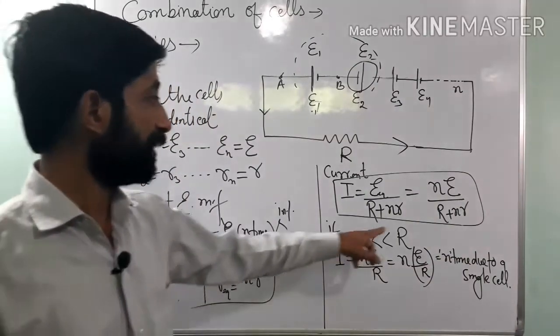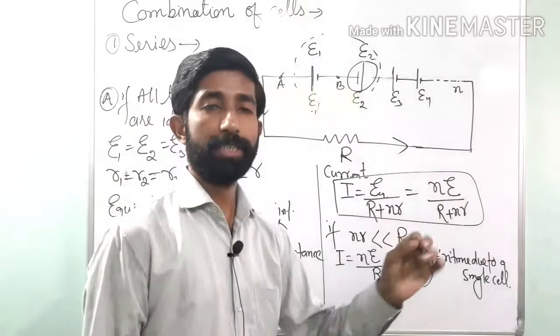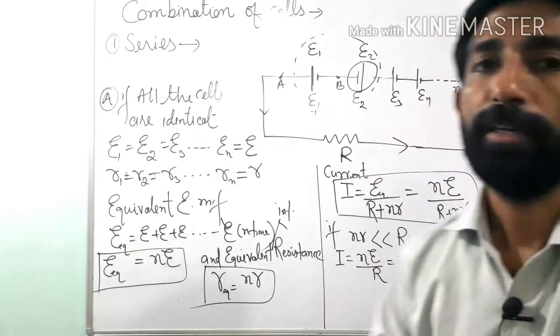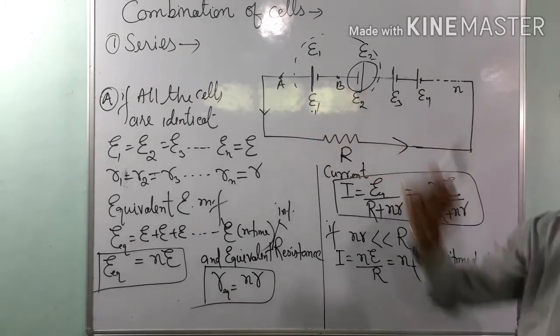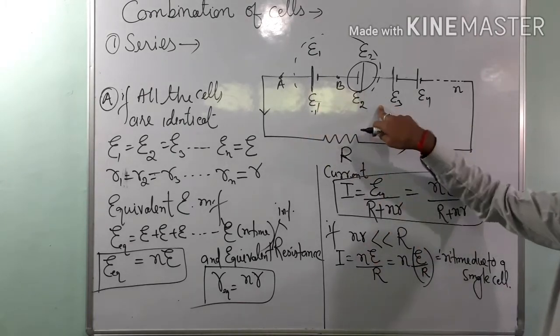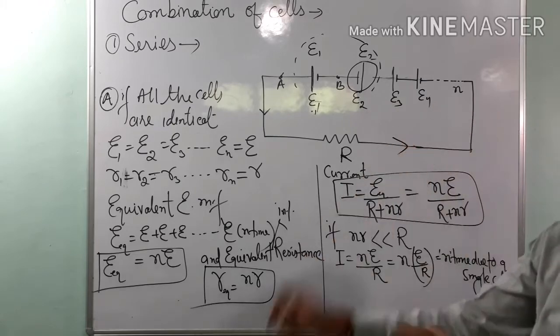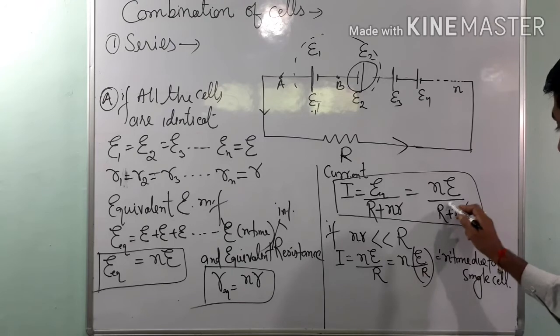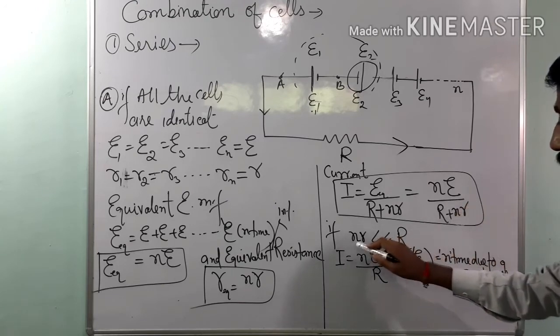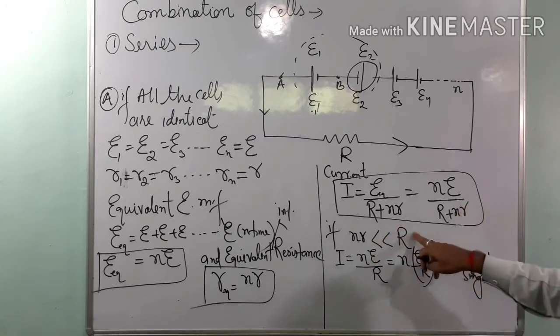That is, if the internal resistance of the cell combination is very small compared to the external resistance of the circuit, then we must connect them in what? Series sequence. This sequence is going to be worthwhile only if the internal resistance of the cell combination is much less than the external resistance.